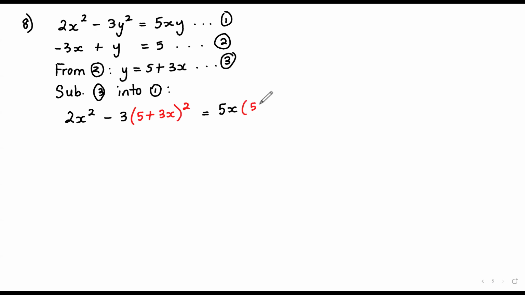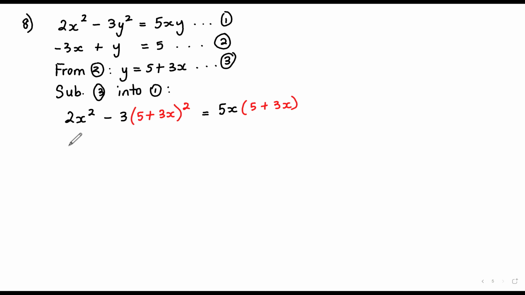So you see, it's a lot of algebra here, advanced problem. Now, here, 5 plus 3x squared is not 25 plus 9x squared. 5 plus 3x squared literally means 5 plus 3x times 5 plus 3x. So I'm going to do that first.